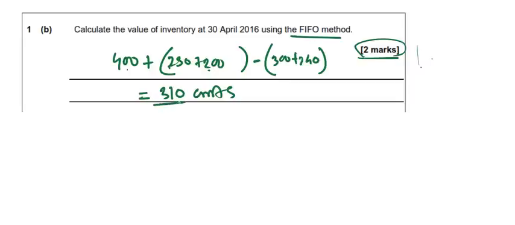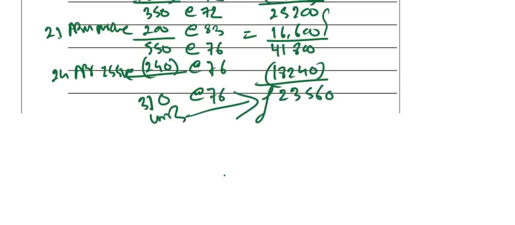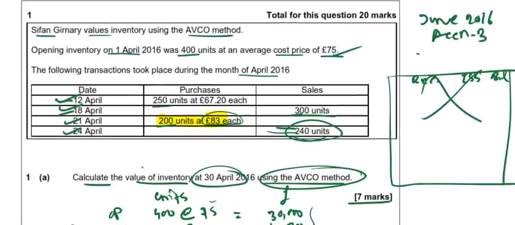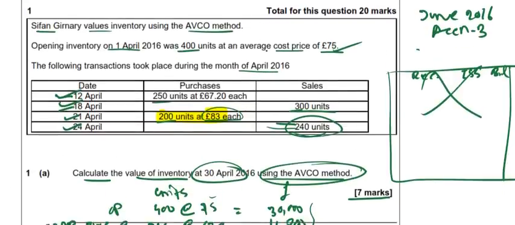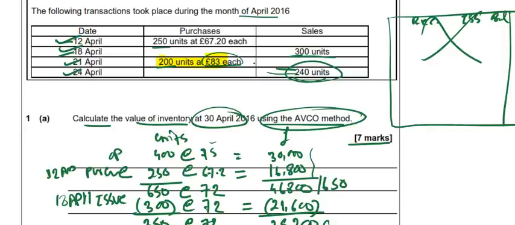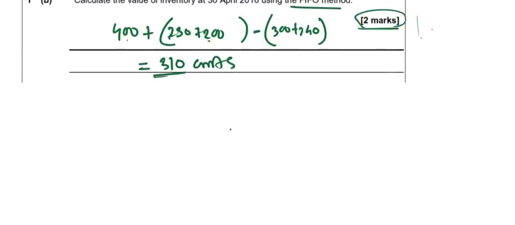We will check, of these 310, how many items of our latest inventory are available. So the latest is these 200 items, held at 83 each. So of these 310, 200 was valued at 83.